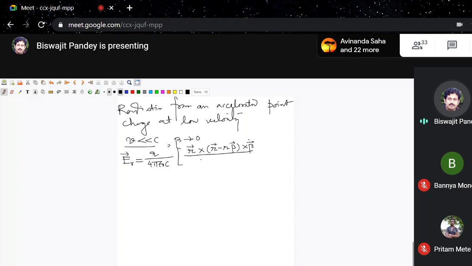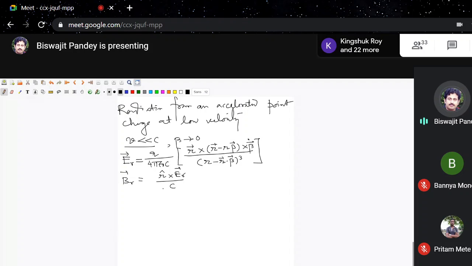This is the second term, the same expression that we wrote earlier, but only the second term. This is ER, the electric field for the accelerating point charge. And BR, once you know ER, is simply R cap cross ER by c. That is known to us.